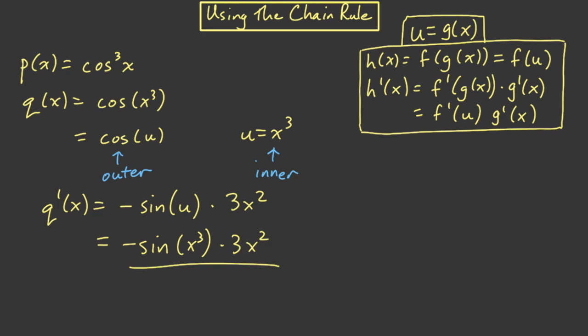So something I want to point out, both in this derivation and in the previous one, we took into account both the derivative of the cubing function and the derivative of the cosine function. In general, if you have some complicated function that you want to differentiate, every piece of it will need to be differentiated at some point in the process.